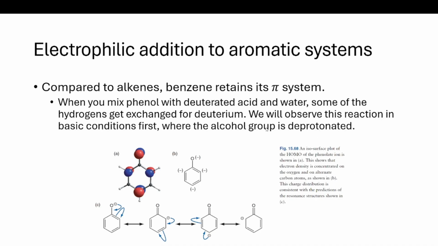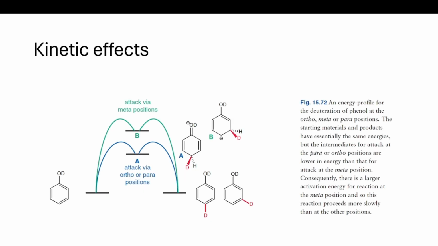What basic conditions do is the alcohol group is going to be deprotonated and we're just going to have a negative oxygen. Keep in mind that these particular areas are going to be of interest once we get into substitution, because these particular areas are known as ortho or para positions.